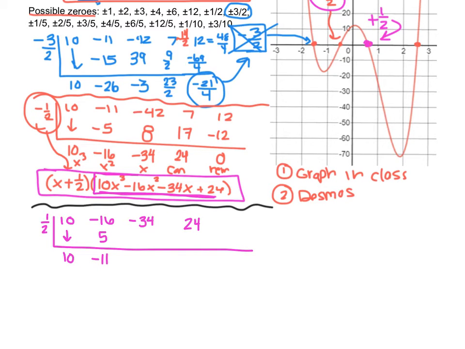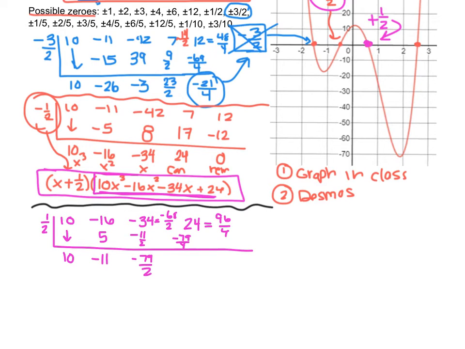Times 1/2, that becomes negative 11 over 2. We then have to convert this one into halves, so that becomes negative 68 over 2. So we're going to add the 2 together. We get negative 79 over 2. We then multiply that by 1/2, which becomes negative 79 over 4. If we convert this, this becomes 96 over 4.